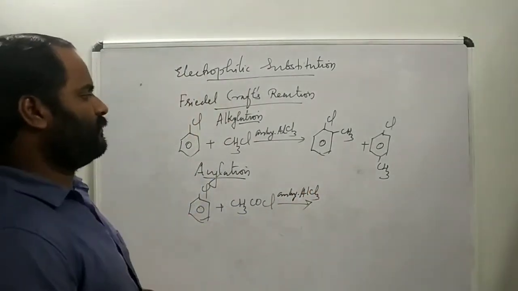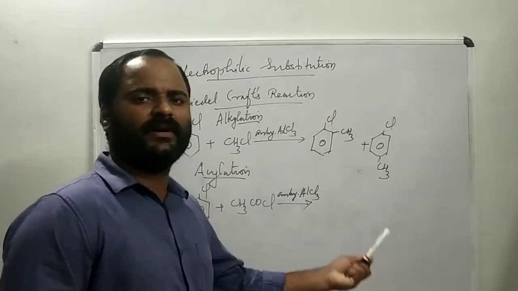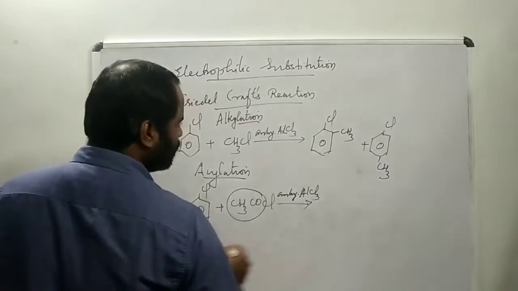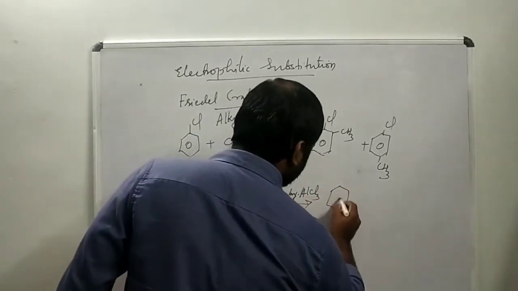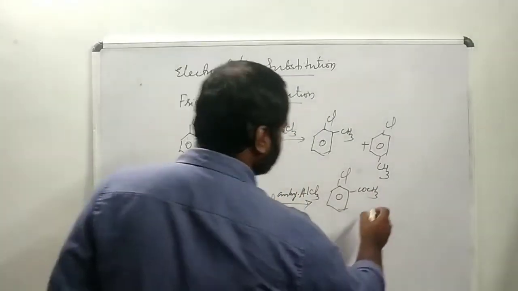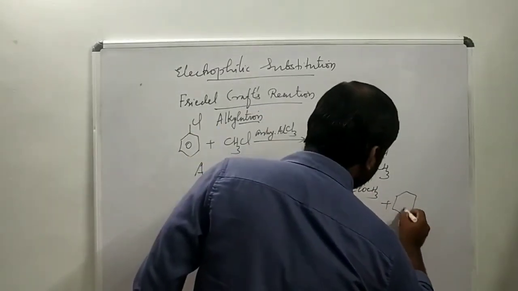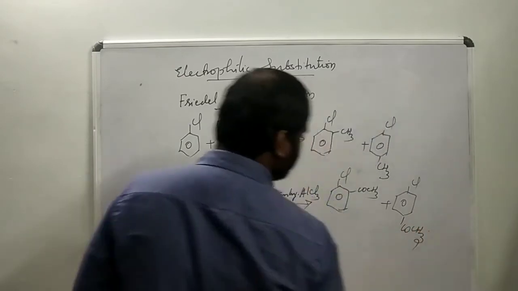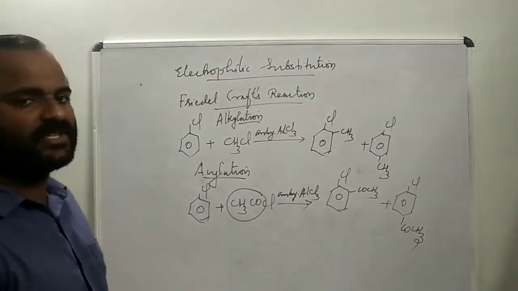The same reaction takes place at ortho and para positions. You are getting COCH3. So chlorine will be there and COCH3, one product. Then chlorine will be there and COCH3 at the other position. These are the two products obtained in this reaction.